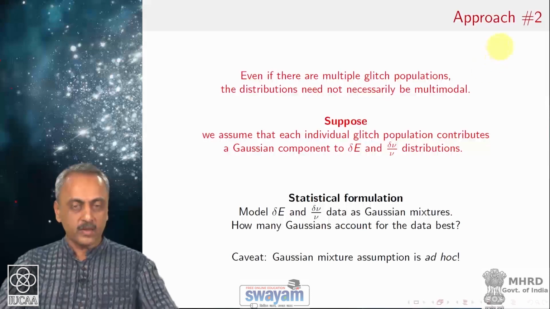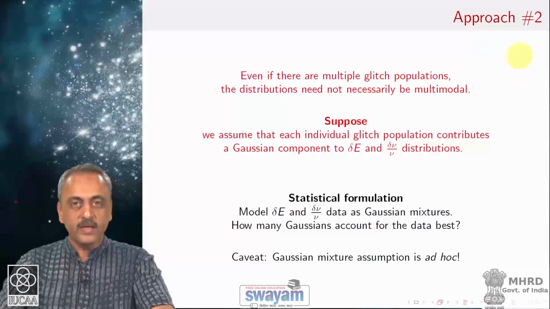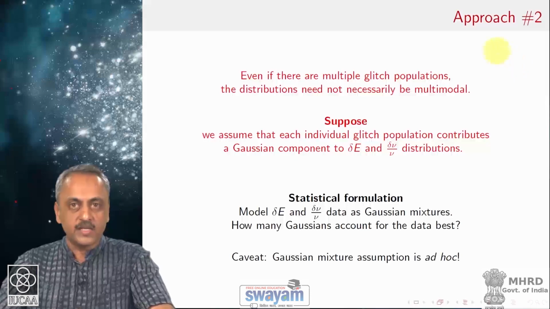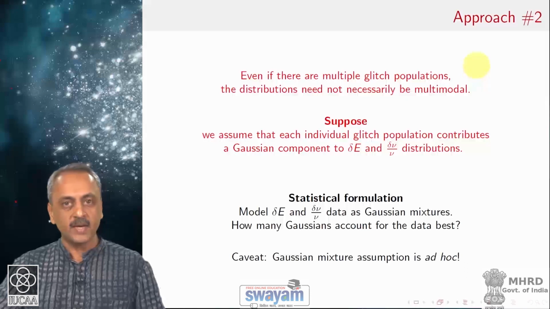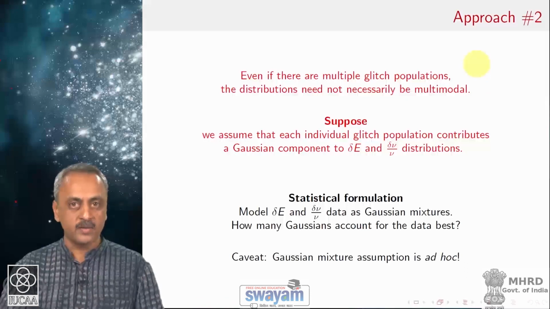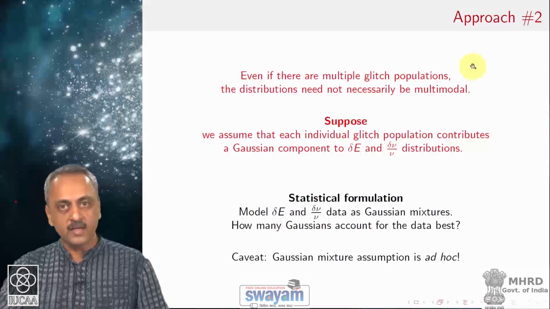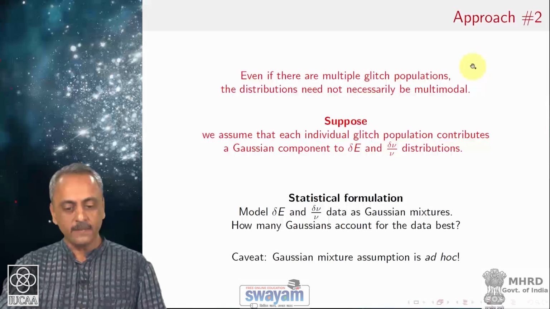Here is another take on the same problem. Even if there are multiple glitch populations, the resulting distribution need not necessarily be multimodal. It could, for example, be a broad single peaked distribution, which could again be the result of multiple distributions underneath it.